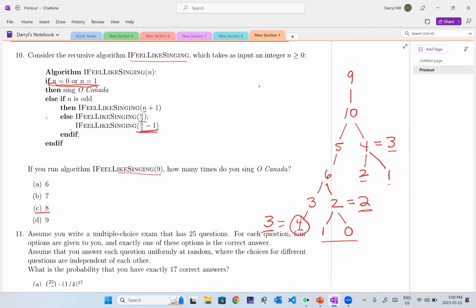Questions on the... Will this ever not terminate for a certain number? Like, we have to know that you wrote it well. Will this terminate for a certain number?